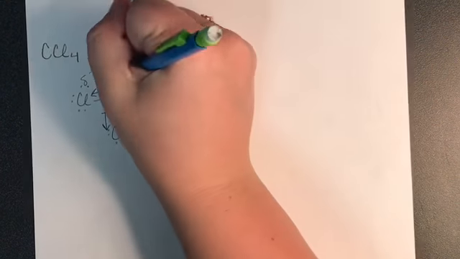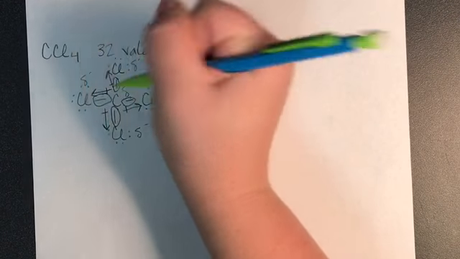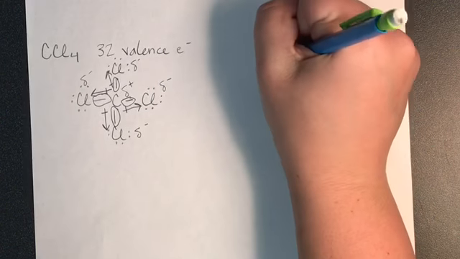Next, we need to determine the molecular dipoles by finding the domain and molecular geometries. The C atom has 4 bonding domains, so both the domain and molecular geometries are tetrahedral, and the molecule will look like this.